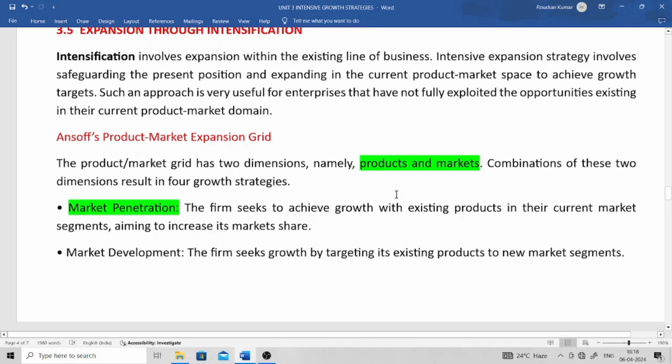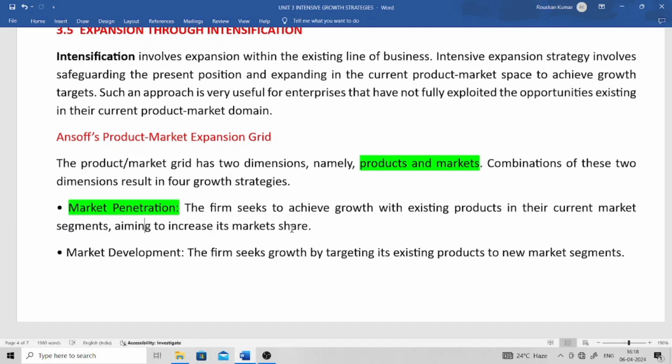A little bit more I think I should explain about market penetration. When a firm believes that there exist ample opportunities by aggressively exploiting its current products and current markets, it pursues a market penetration approach.